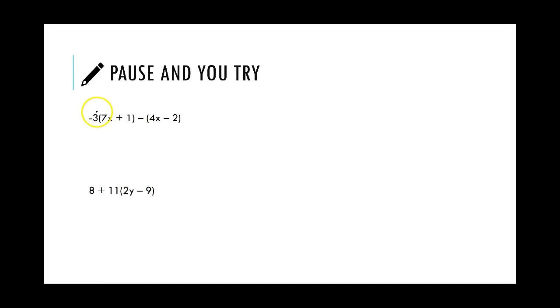Okay, so let's distribute. So when I distribute here, I get negative 21x, because negative 3 times 7 is negative 21. And then I get negative 3 plus 1, or times 1, which is a negative 3 or minus 3. So that's what you should have got for the first distribution.